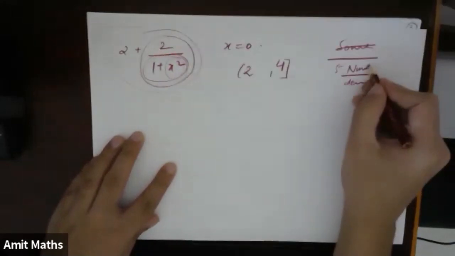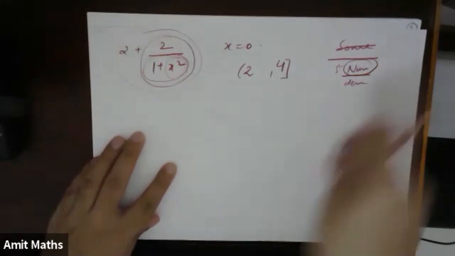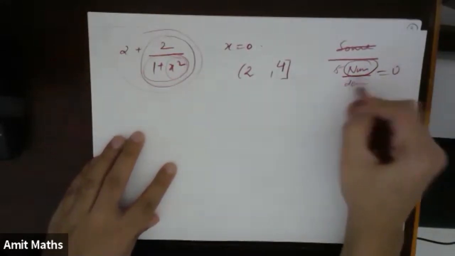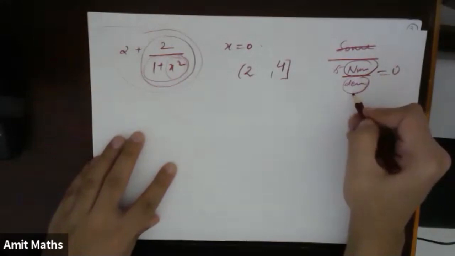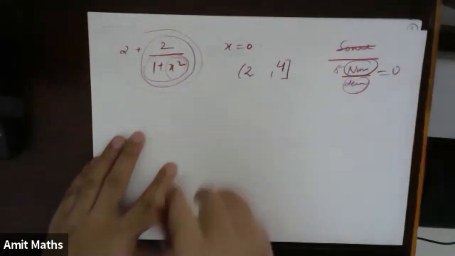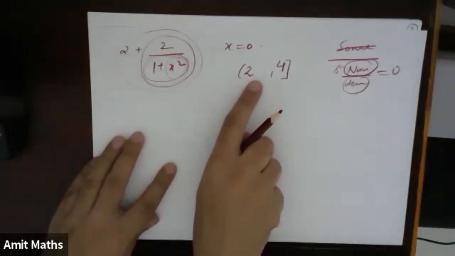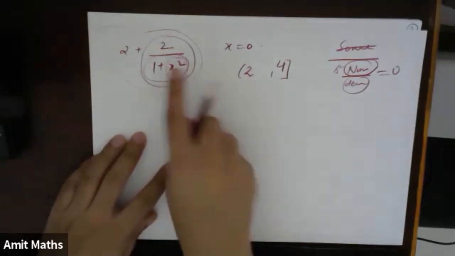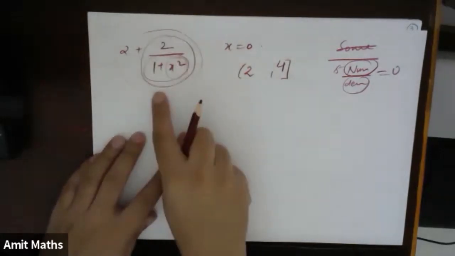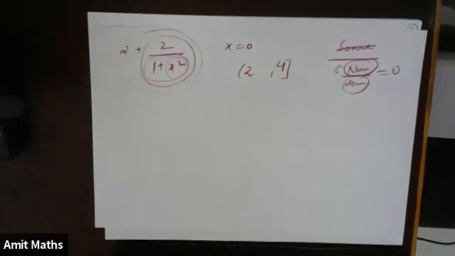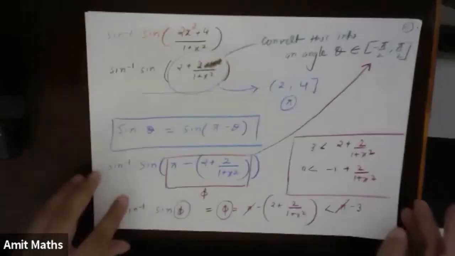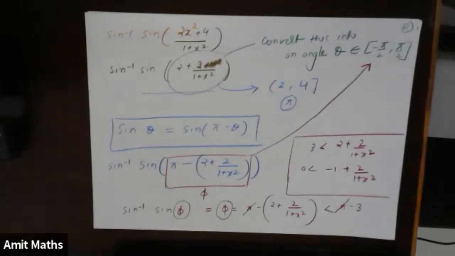Only when the numerator is 0 will this whole thing be 0. Whatever the denominator is, this will try to reach 2, but it will never be 2. Why? Because this whole thing can never become 0. Just think. This part we have already done, so you should not get stuck on this part.